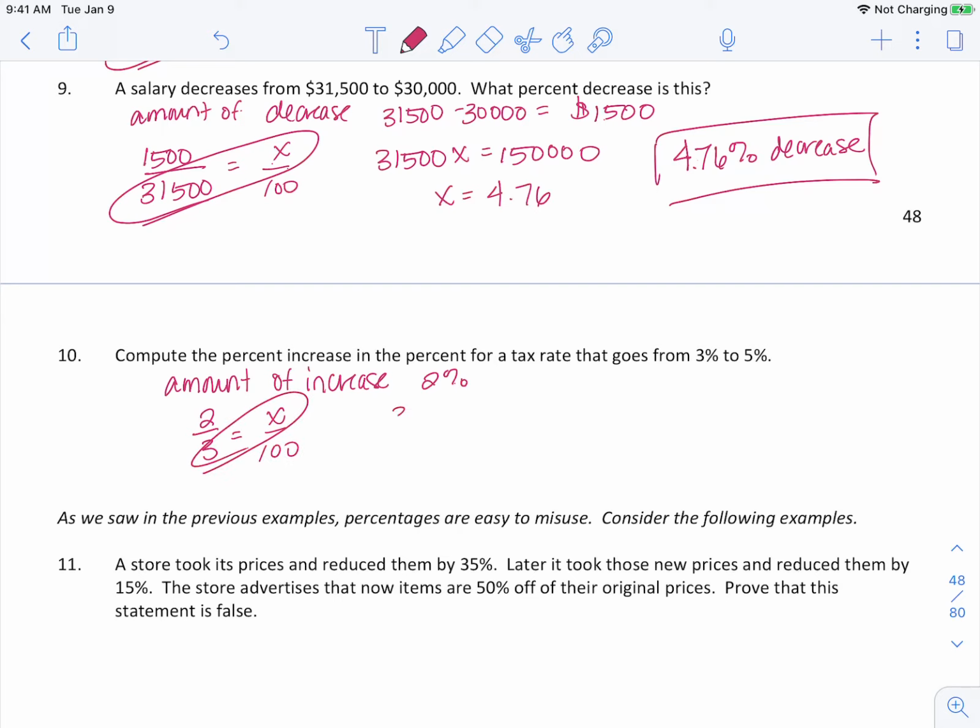We cross multiply, we get 3x equals 200, and x equals 66.67. So that's a 66.67%, or we could say about a 67% increase. Which, if you recall, is what the lawmakers had said. A 67% tax hike, so that's about what this is. So that's going from 3% to 5%.